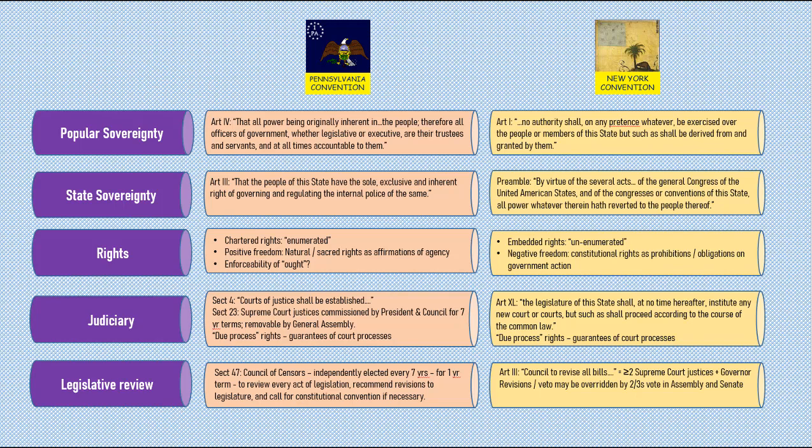You may be aware that James Madison, the primary author of the Bill of Rights, did not want to have a Bill of Rights in the federal Constitution because his notion was that embedded rights or unenumerated rights are greater protectors of individual freedoms than chartered rights or enumerated rights.